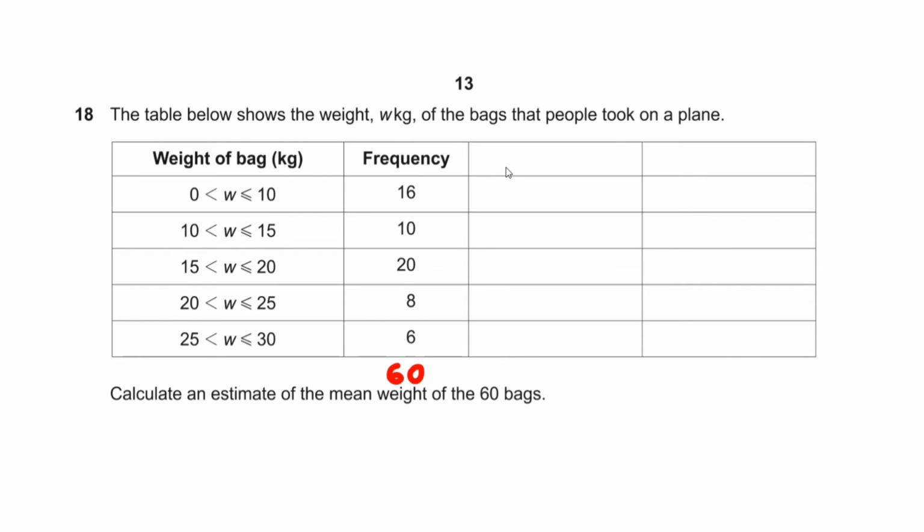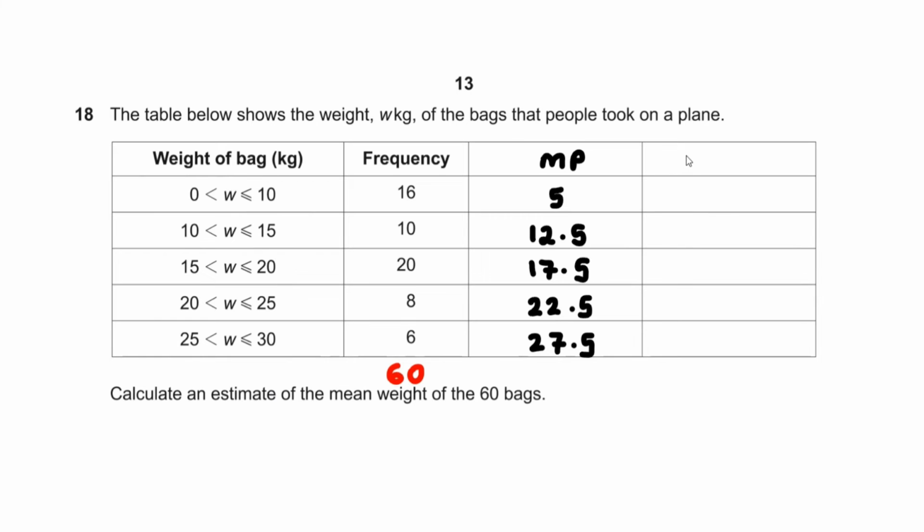What we need to do first of all is find the midpoints of each of these intervals. The midpoint from 0 to 10 is 5. Midpoint from 10 to 15 is 12.5. 15 to 20, that's 17.5. 20 to 25, that's 22.5. 25 to 30, that's 27.5.